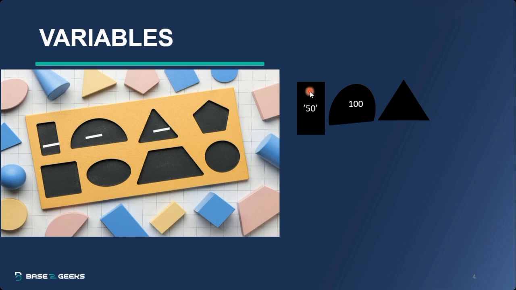I place 50 and 100 in the shapes which match them. Shapes are called variables and these objects are called values, accepted only by their appropriate shapes. So now I can say that a variable is used to store values of its matched shape.